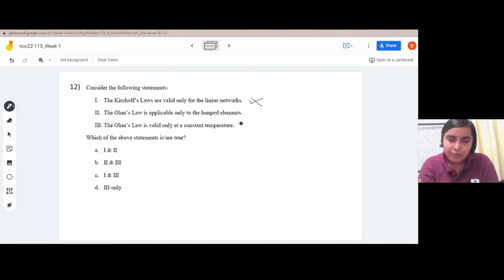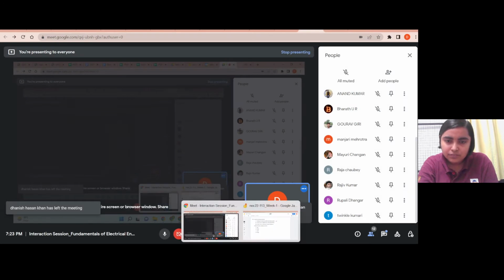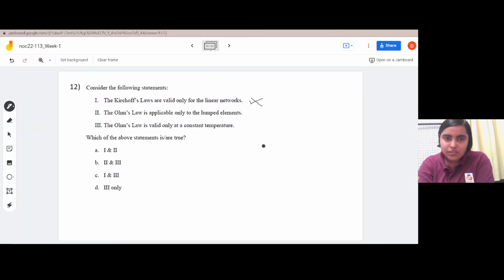For example, resistance, capacitor, inductor, all these are called lumped elements. So Ohm's law is not just specific to these lumped parameters, right?